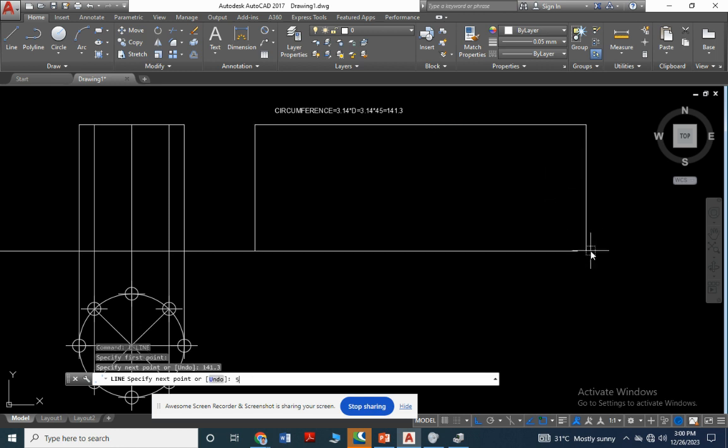Here the height is 55 mm. Okay, just I draw the line. Okay, so divide this into 8 parts. Divide, select the object into 8 parts. Now I would like to join the lines.